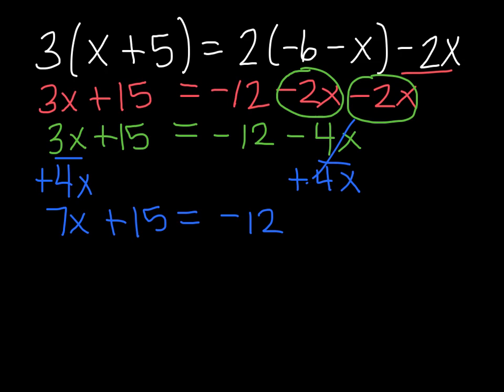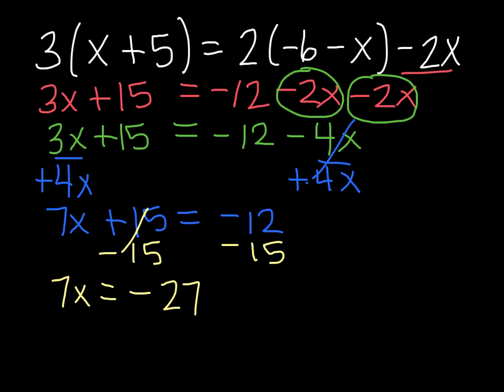I can't find the weight of my x's when I have 15 positives with them, so I've got to get rid of those 15 positives. So now those zeroed out, so 7 x's has the same weight as 27 negatives.